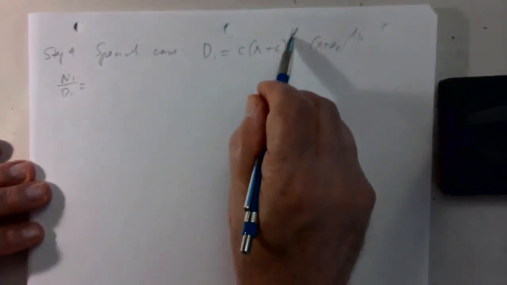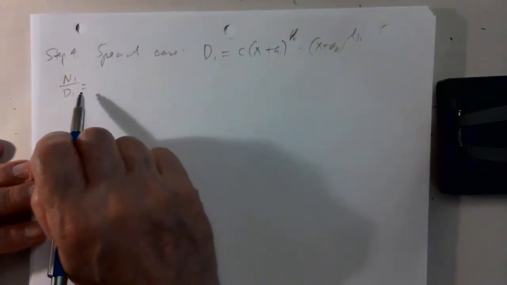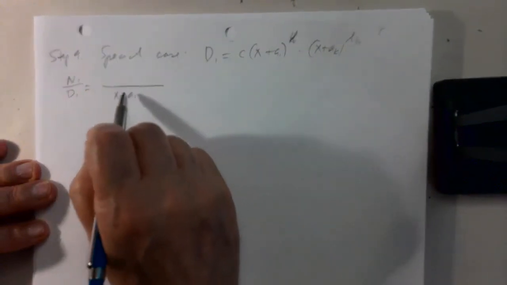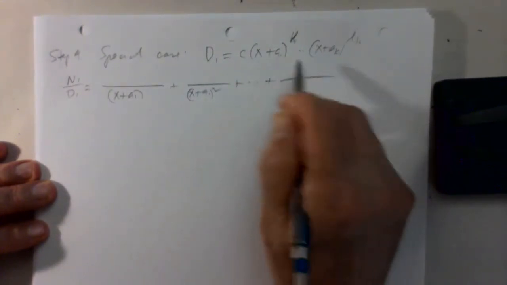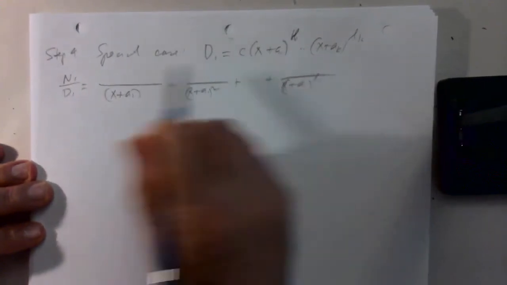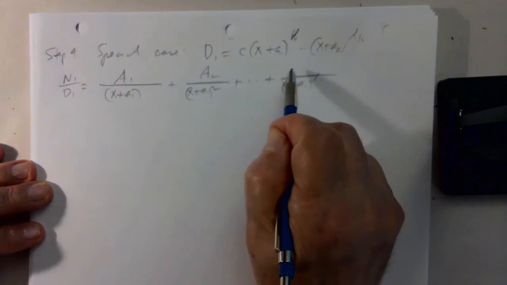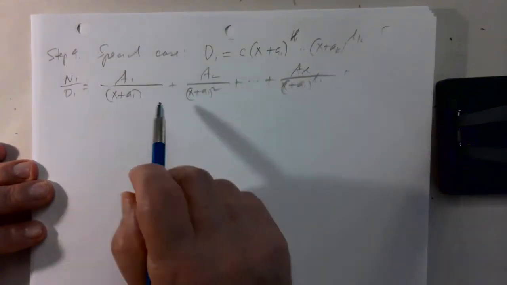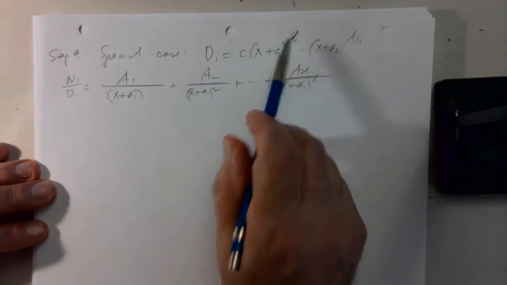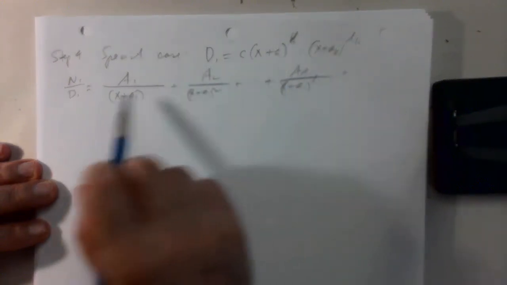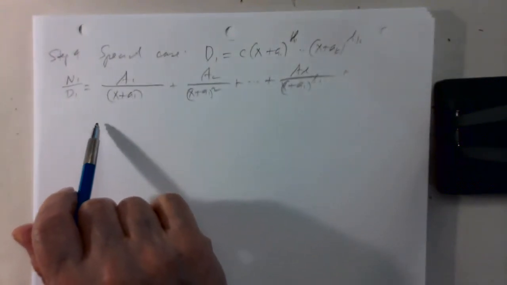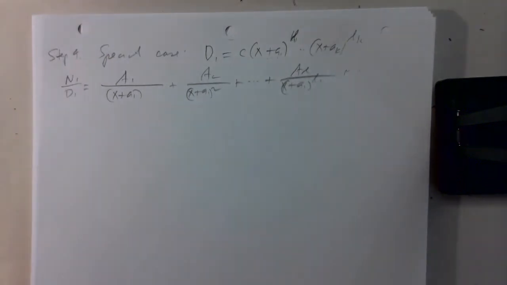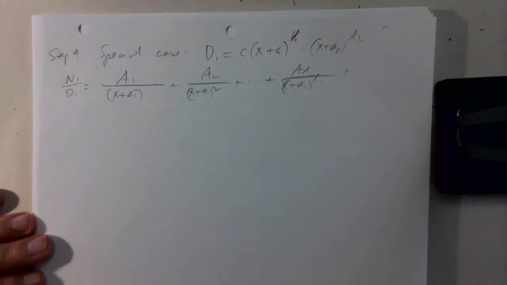If you have x plus a1 to the L1, you're actually going to get L1 partial fractions: x plus a1, x plus a1 squared, up to x plus a1 to the L1, and so on. So if you have x plus a1 to a power, and the power is L, then you'll have L partial fractions. And again, you need to look at an example.